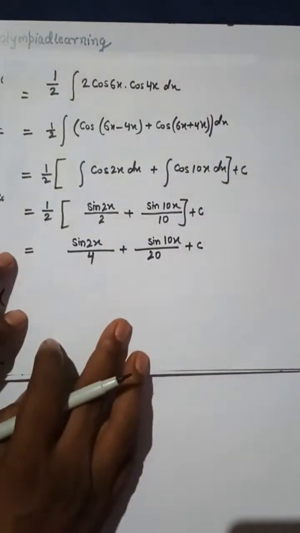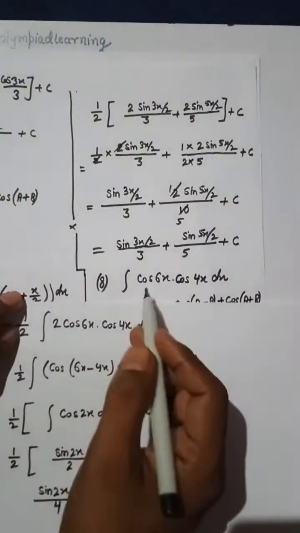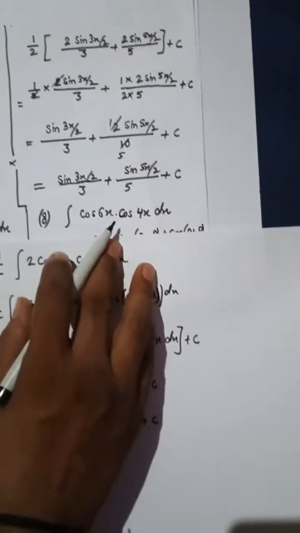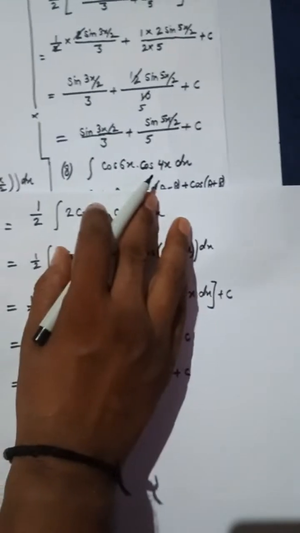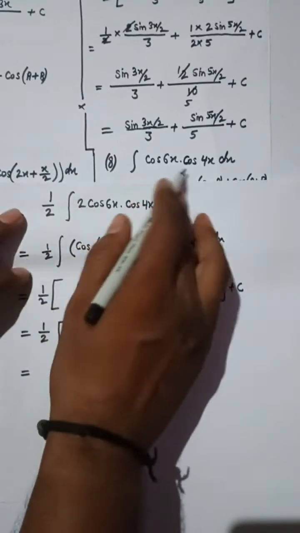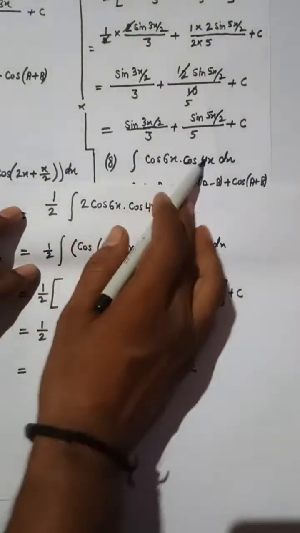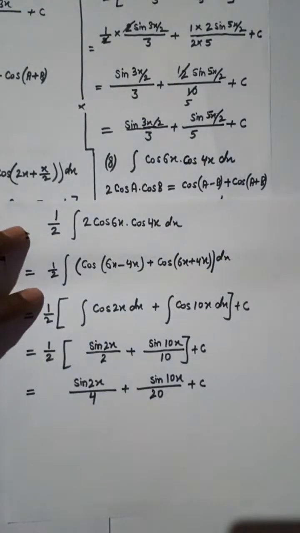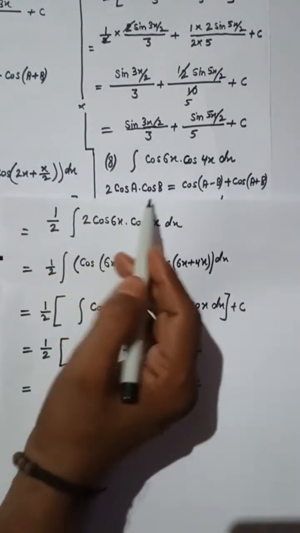Which formula have I used? The question was the integration of cos 6x into cos 4x, and it is done this way because we have this formula: 2 cos a into cos b.